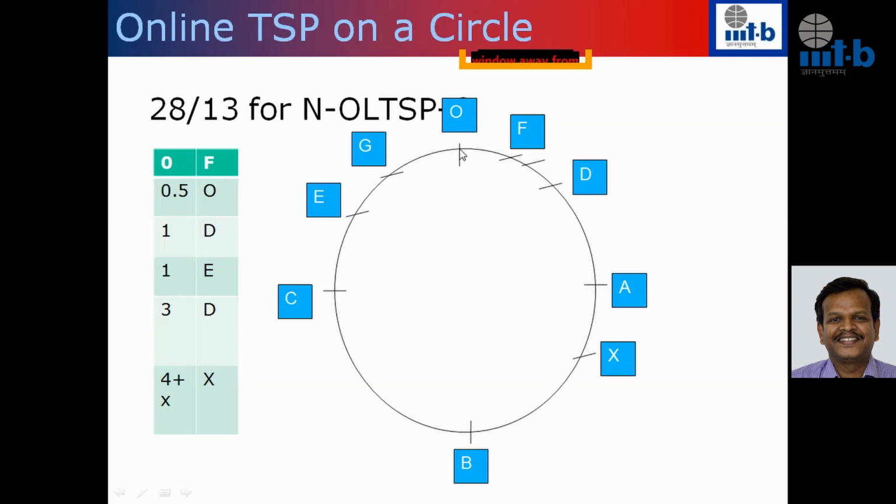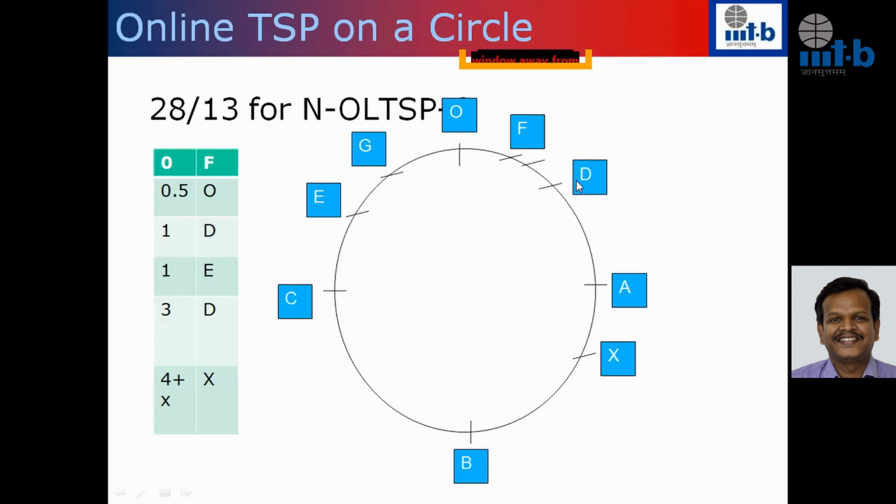Okay. So now I will do exactly similar to what I had done earlier. I will release two requests at time 1, one at D and the other at E, right? Since both are symmetric, it can decide to serve either of them. We will assume that the online algorithm goes in the clockwise direction, and at time 2 it reaches D and serves this request.